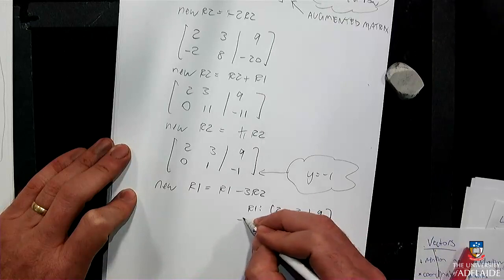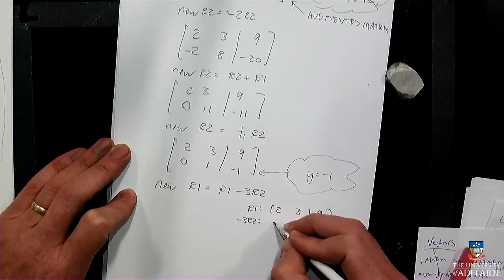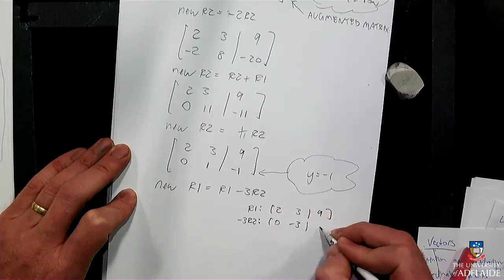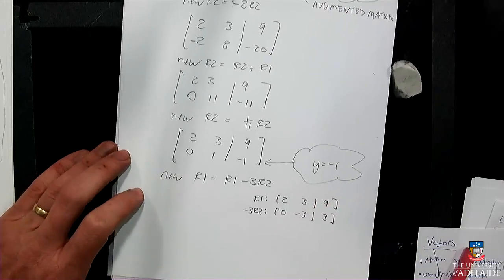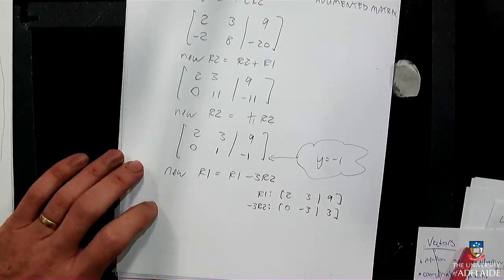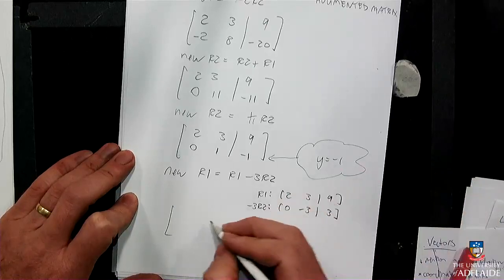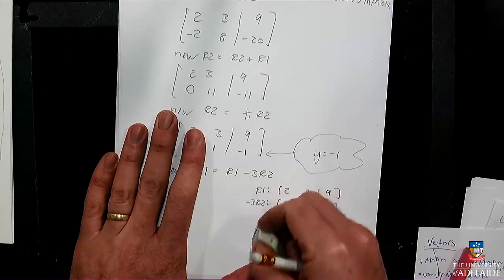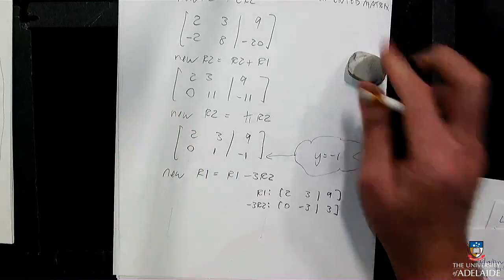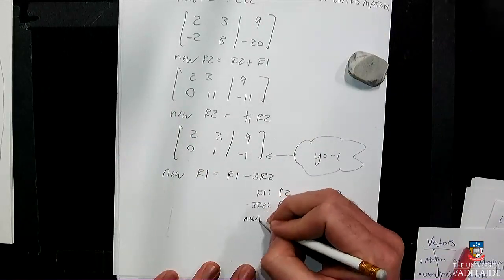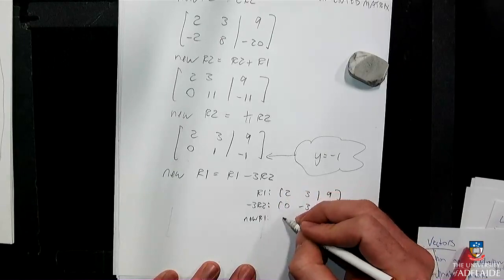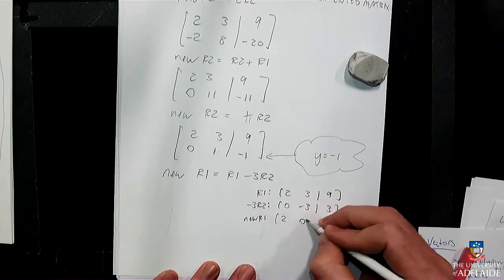And this is what minus 3 of row 2 is: 0, minus 3, 3. And so when I add them together, my new row 1 is going to be this plus that, which is still 2, 0, 12.